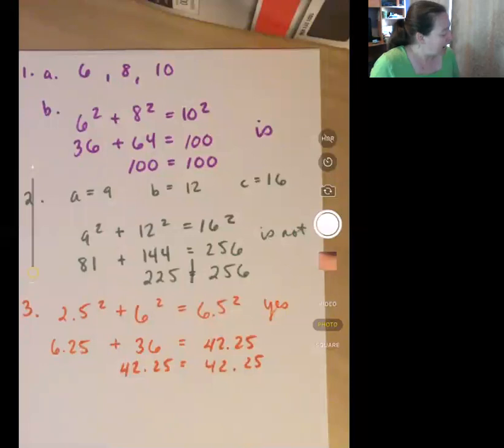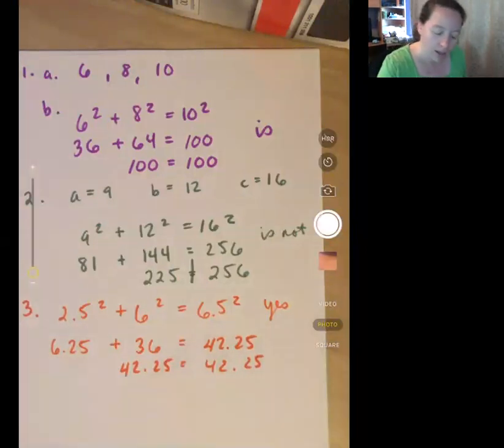Number 4, how can you use the converse of the Pythagorean theorem to tell if a triangle is a right triangle? I probably already read that.